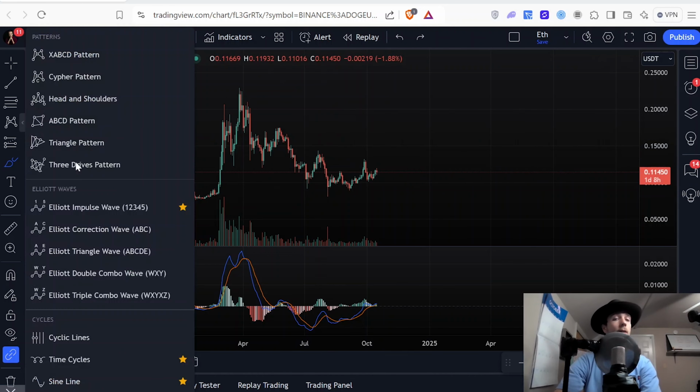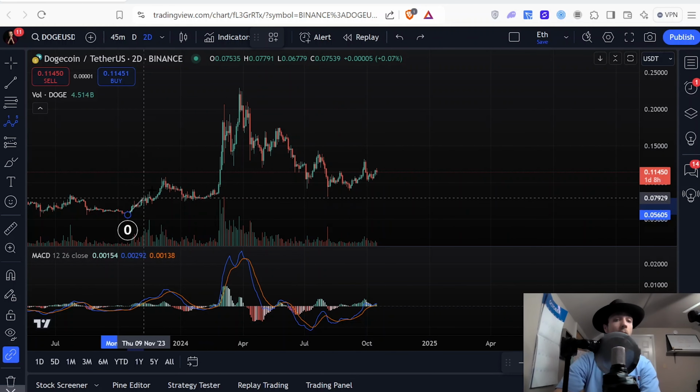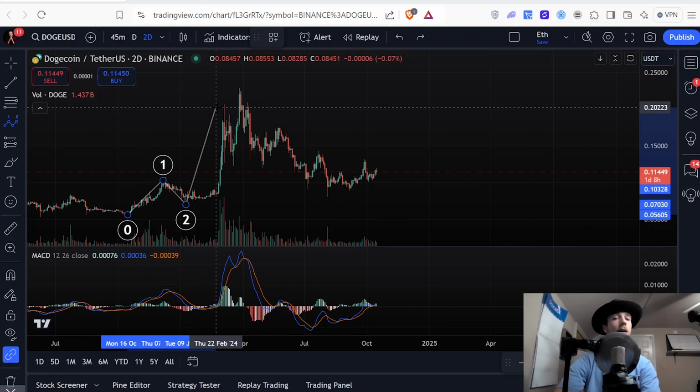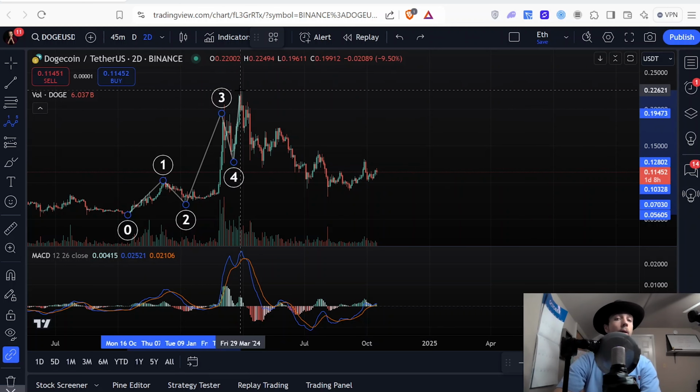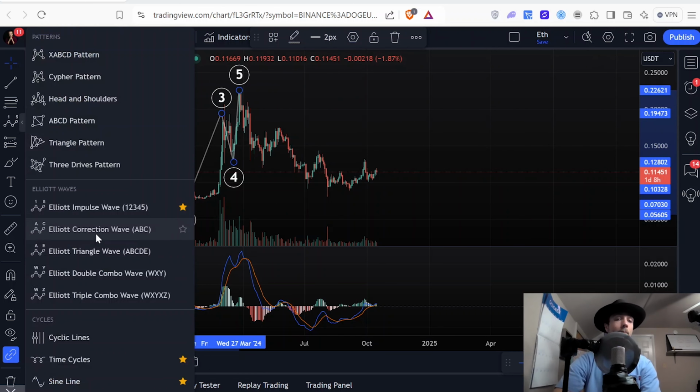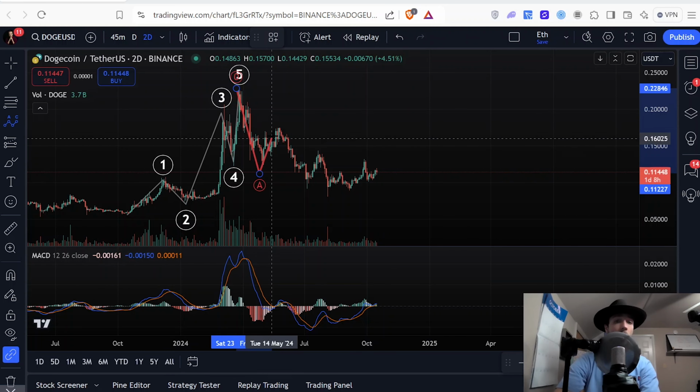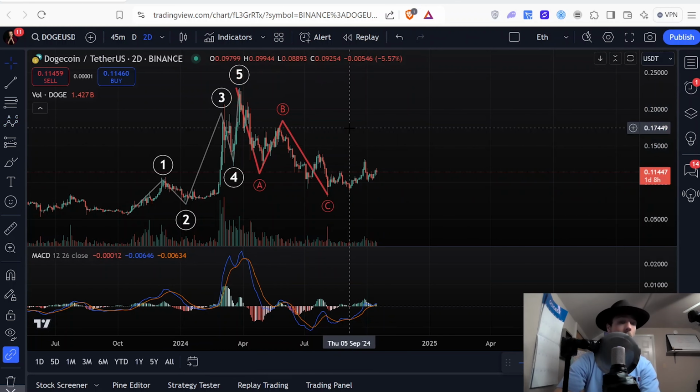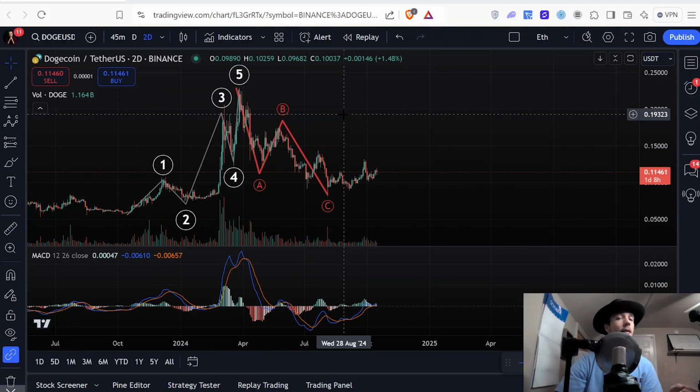And if you look, there's also Elliott waves. We have wave 1, wave 2, wave 3, wave 4, wave 5, and an ABC correction down, A, B, and C back down. So that's a perfect market cycle and a perfect Elliott wave cycle here on Dogecoin.